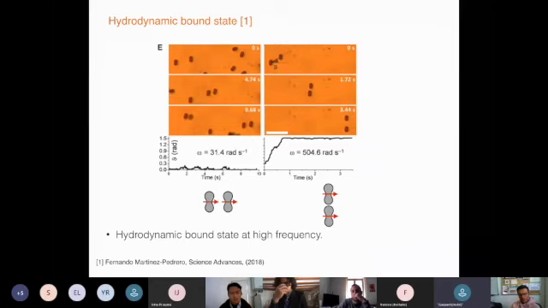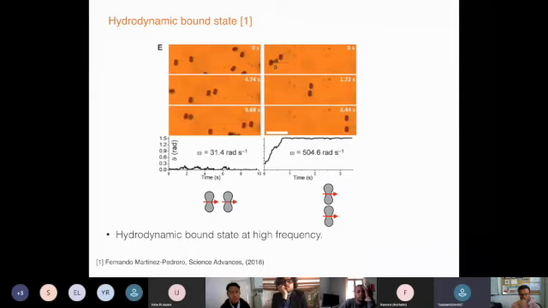Now, in a previous study, people have noticed that if you look at the interaction between two of these peanut particles, you have two kinds of configuration.